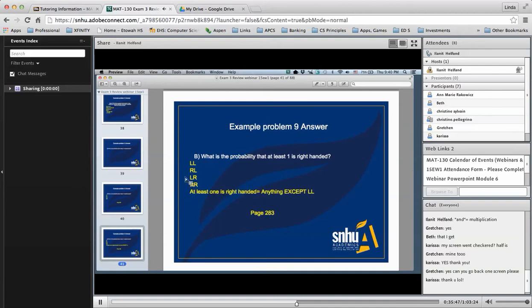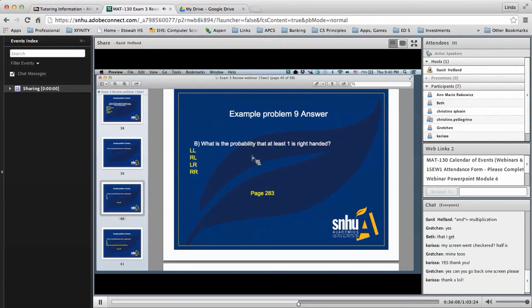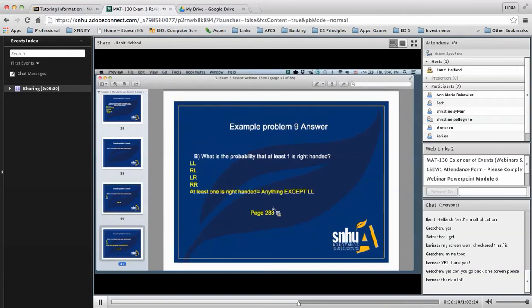What we could do, which I'll call the slow way, is this. I'm going to stick with this slide. Every category except for the first one has at least one righty.